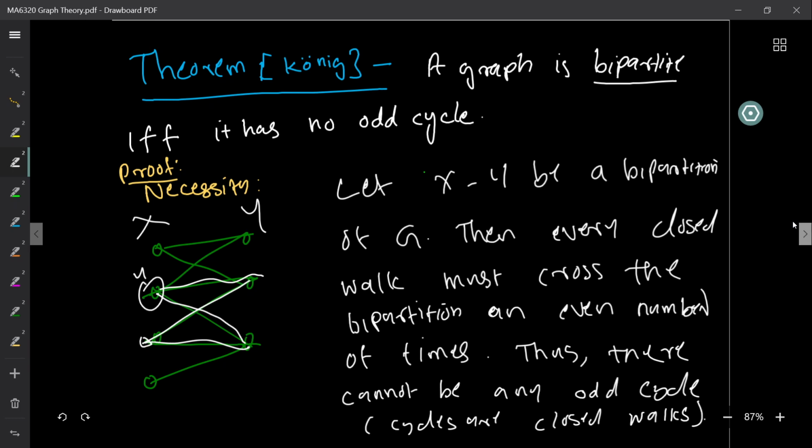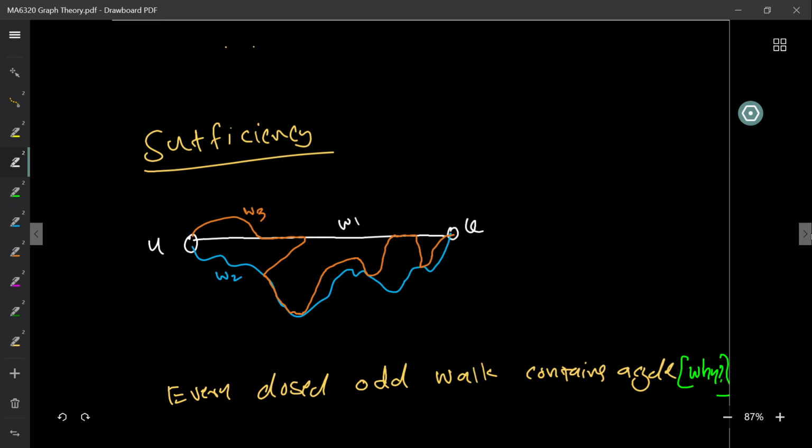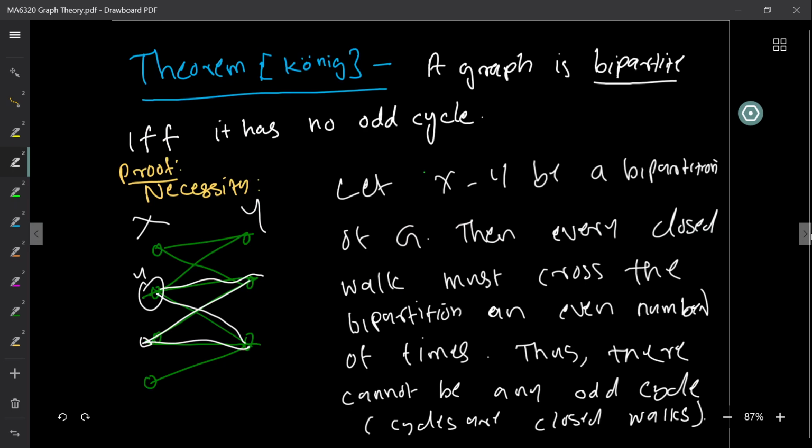So that is the proof of the necessity. Since the graph is bipartite, there is a bipartition, and every closed walk must cross the bipartition an even number of times, and therefore there cannot be an odd cycle because cycles are essentially closed walks.